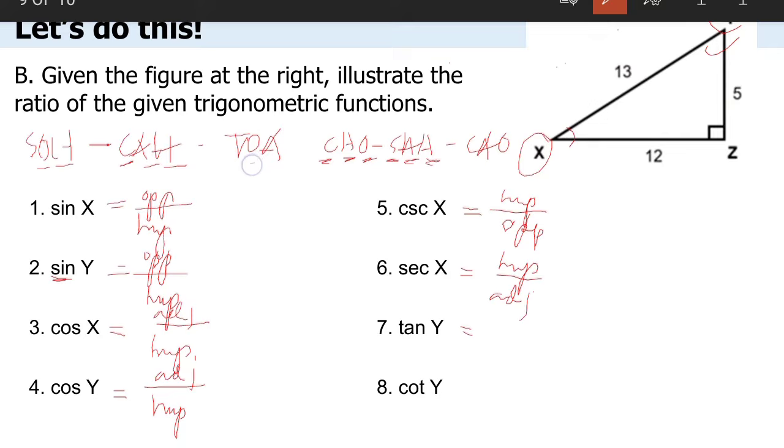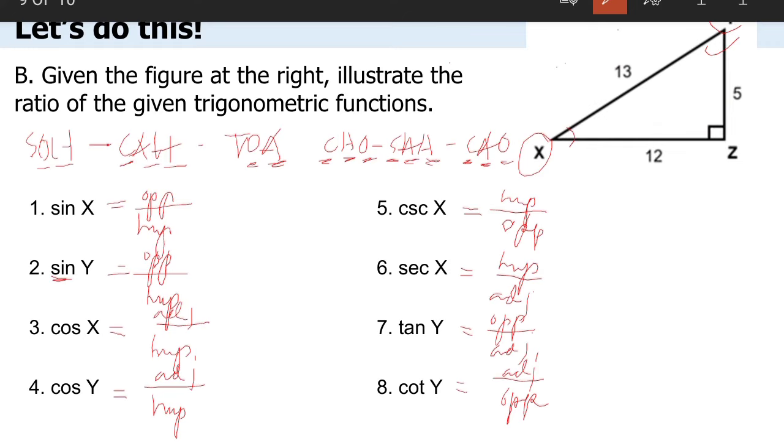Tangent is opposite over adjacent, TOA. And cotangent is the reciprocal of tangent, so cotangent is adjacent over opposite. Okay, so those are their ratios.